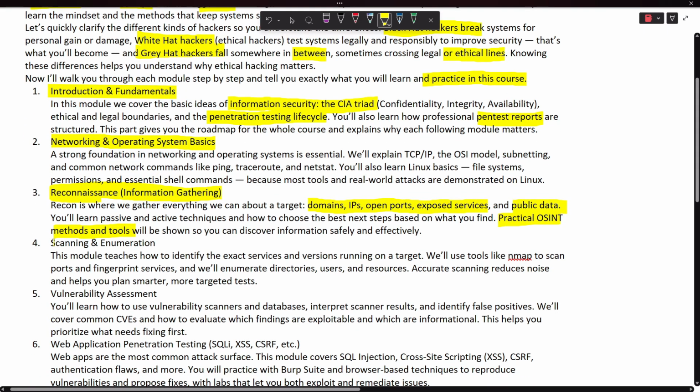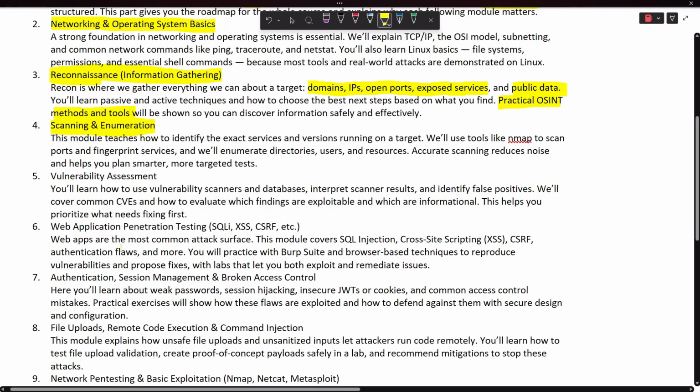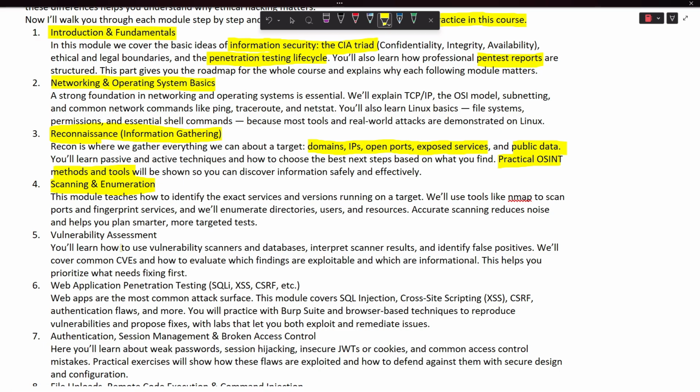Okay, then we have module number 4. In module number 4, it is basically scanning and enumeration. In this module, we will be learning how to identify the exact service versions running on the target, and we will be using tools like Nmap to scan ports and fingerprint services.